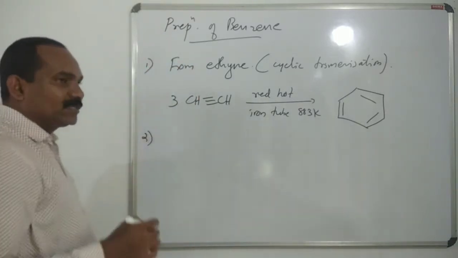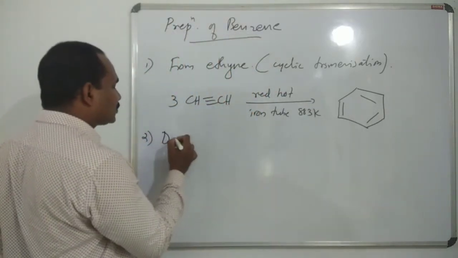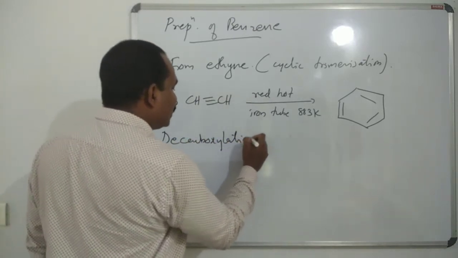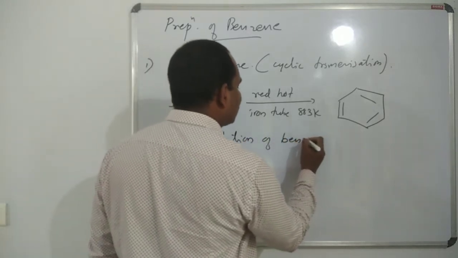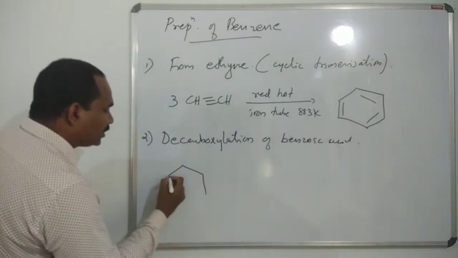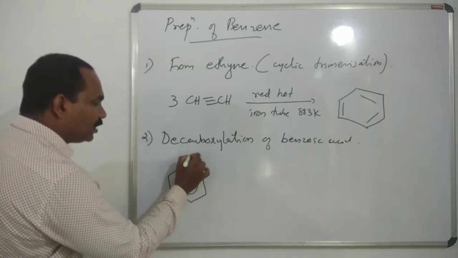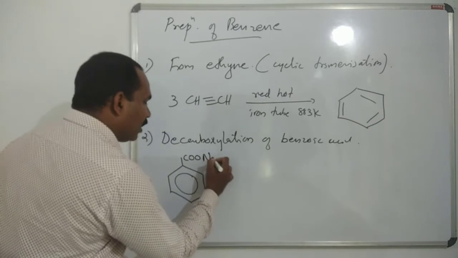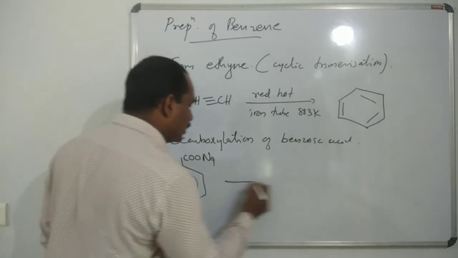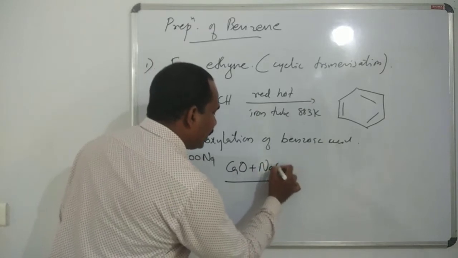And the second method is from benzoic acid, carboxylic acid. Decarboxylation of benzoic acid. Decarboxylation is studied in the preparation of alkanes, so here also we can use the decarboxylation. Sodium salt of benzoic acid, or simply benzoic acid, is heated with soda lime. What is soda lime? Calcium oxide plus NaOH.